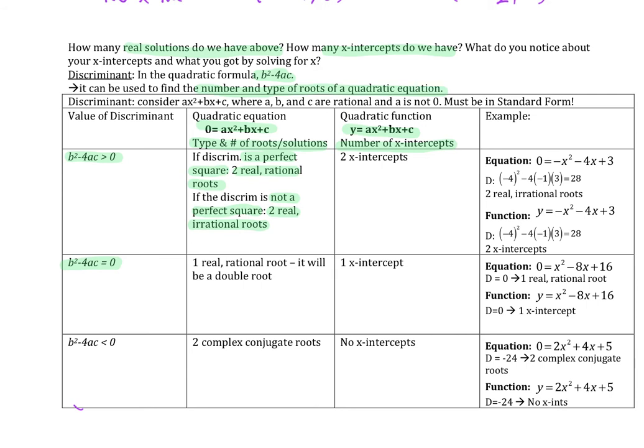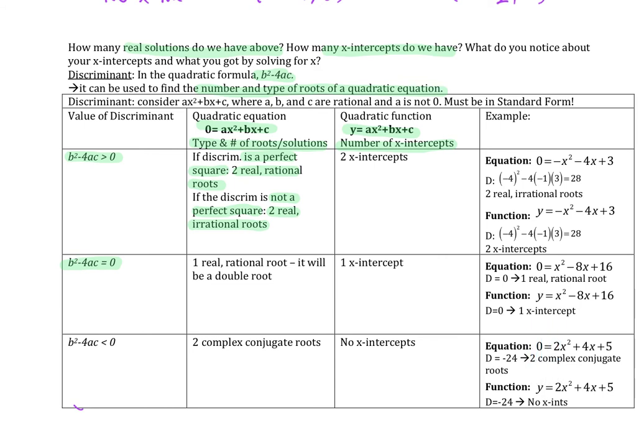So if we look at this equation, x squared minus 8x plus 16, if we do the discriminant, it's -8 squared minus 4 times 1 times 16. We end up with a discriminant of 0. That tells us it's 1 real rational root that we'll get out of this equation. But for the function, if I went to graph this, it would result in just one x-intercept.